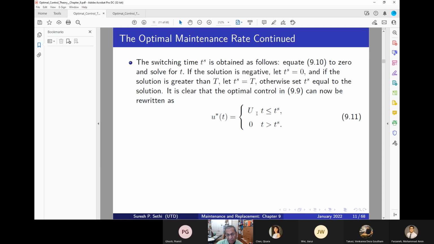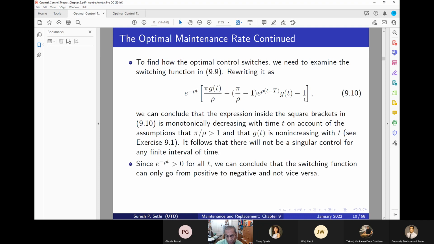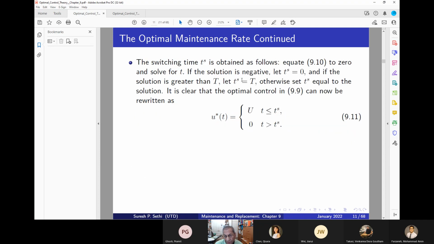And if it's in between 0 and T, then we have this formula. So this formula is good for every solution, provided we decide what we interpret by solution in terms of Ts.